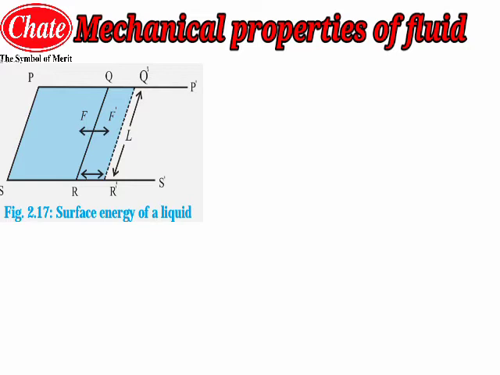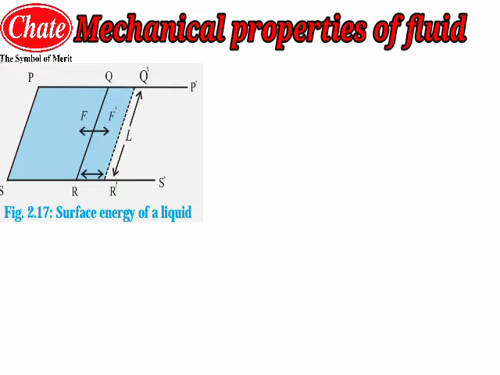This frame is dipped in a soap solution and then taken out. A film of soap solution is formed within the boundaries PQRS of the frame. Each arm of the frame experiences an inward force due to the film. Under the reaction of this force, the movable arm QR moves toward the side PS so as to decrease the area of the film.